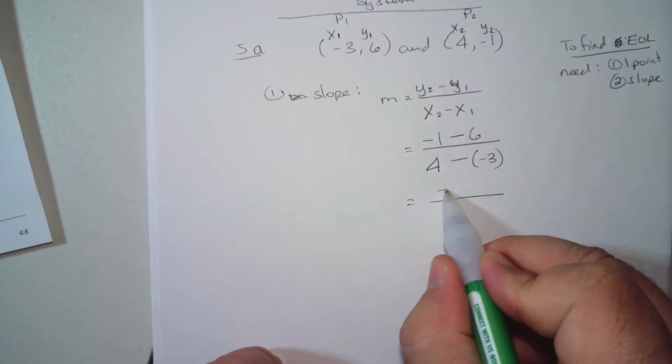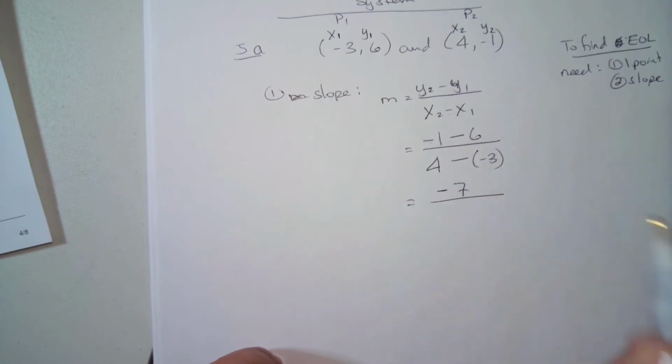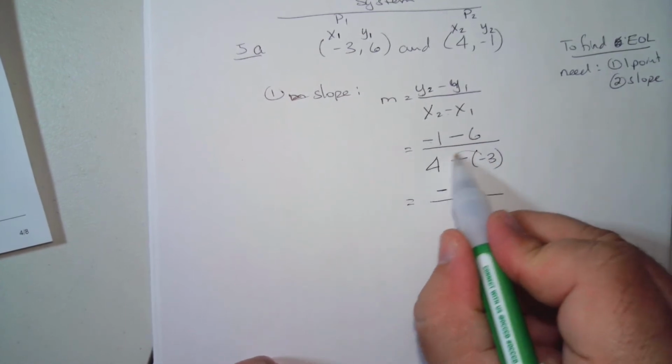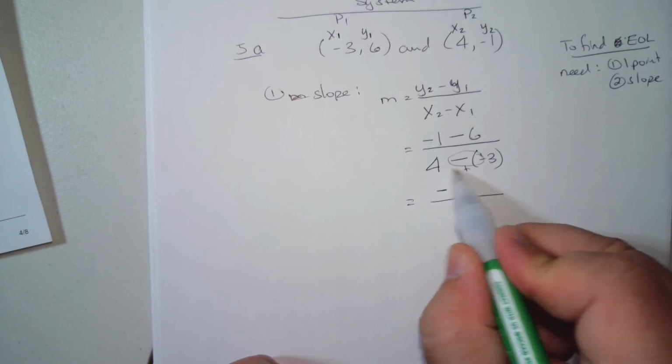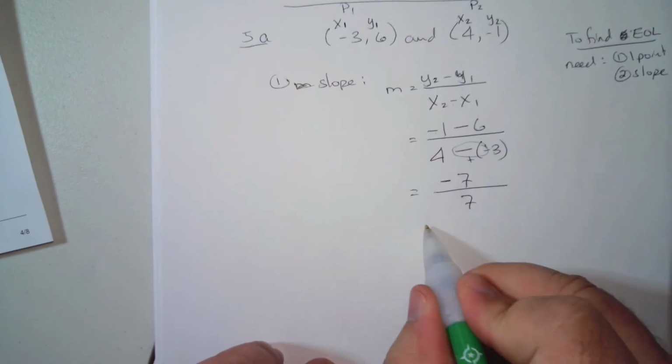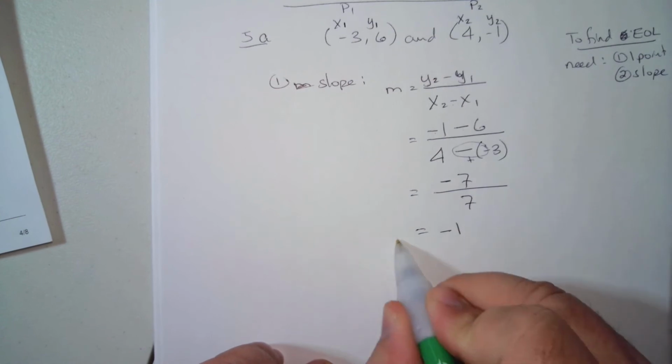They're both negative, so the answer is negative. Add the numbers. Negative and negative becomes a positive. 4 plus 3 is 7. So the slope is negative 1.